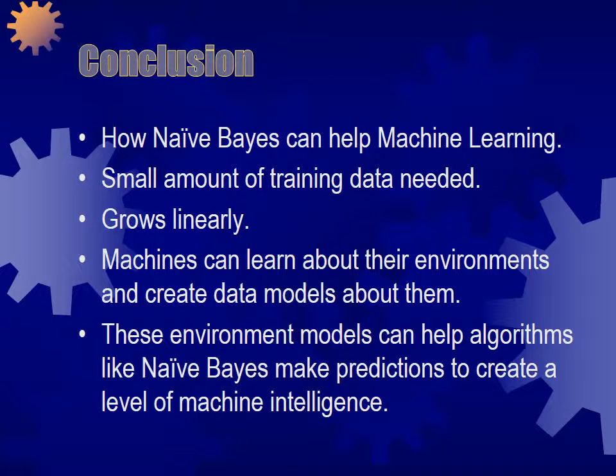Once properly classified, the data is used to make a most likely prediction on the environment model that will give the machine a type of machine intelligence. As a machine gains more data about its model, the naive Bayes classifier becomes better at helping the machine make better predictions, and thus you have a learning machine.